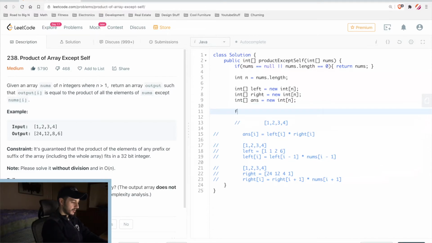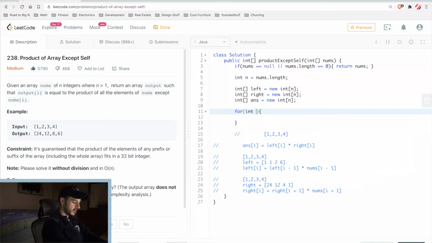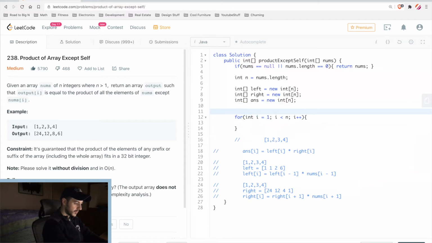And here we want to go ahead and calculate the left side. So we'll start with i, i is less than n, i plus plus, and we'll start one ahead here. And we'll say that left at 0, and we're calculating the left, not the right, is going to start at 1.